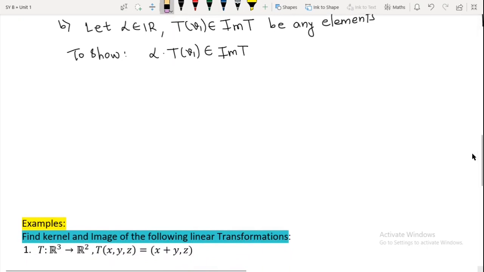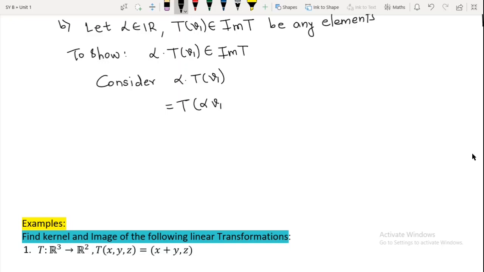So, simply I will say consider this alpha times T of V1, but this is equal to T times alpha V1. What is the reason? Since T is a linear transformation.